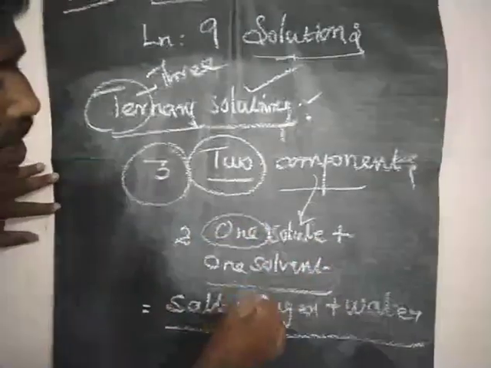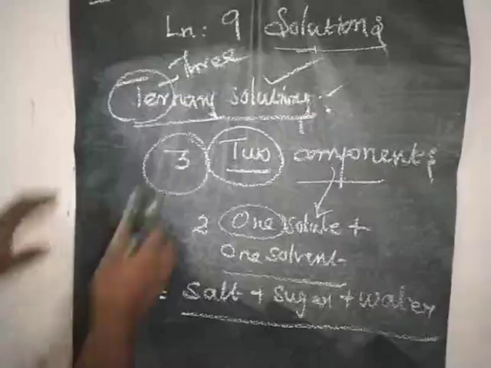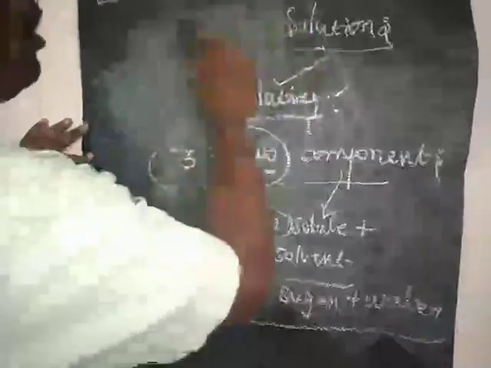Two solutes, one solvent. Okay, so next one, types of solution or classification of solution. First one, based on their physical state. Solutions can be classified into different types.